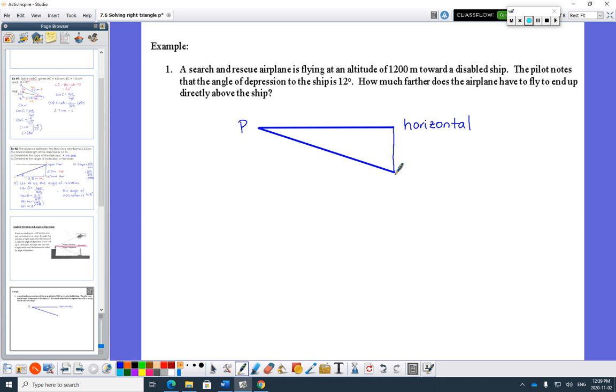Is my triangle to scale? No. Is it perfect? No, but I did my best. The big thing is the angle of depression from the horizontal. So that's this here from the pilot. Do you need to label the points that way? No. You could do ABC, you could do XYZ, whatever you like.